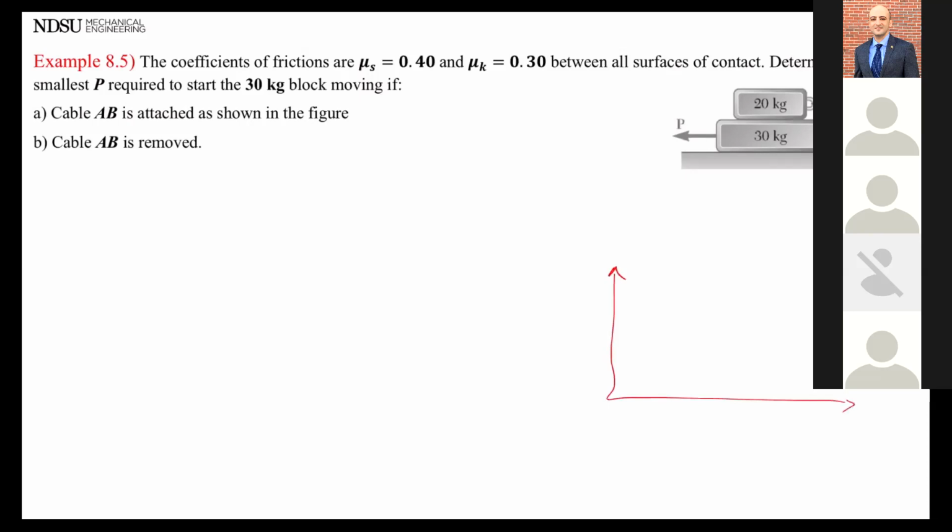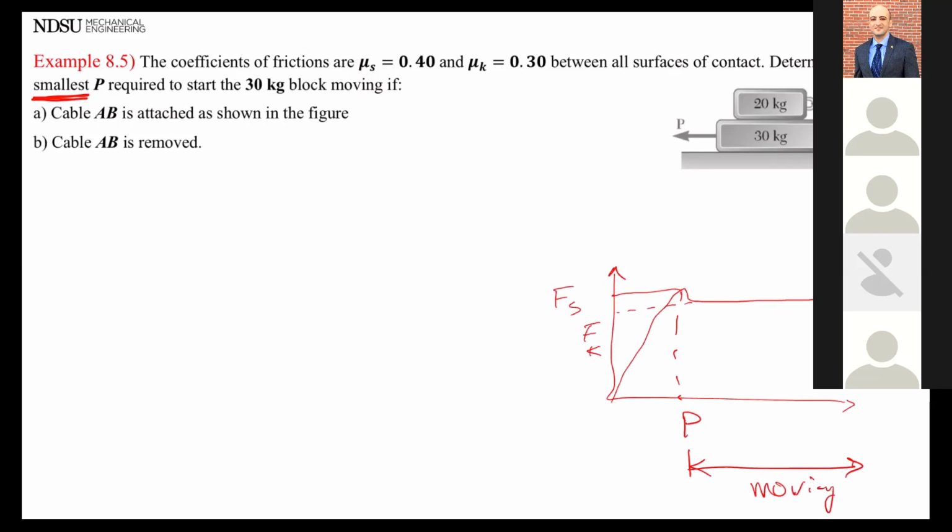Let me quickly make sure I understand this graph here. This is Fs, this is Fk, and this is force P. It tells me find the smallest P required to start the 30 block moving. This whole thing is moving, right?